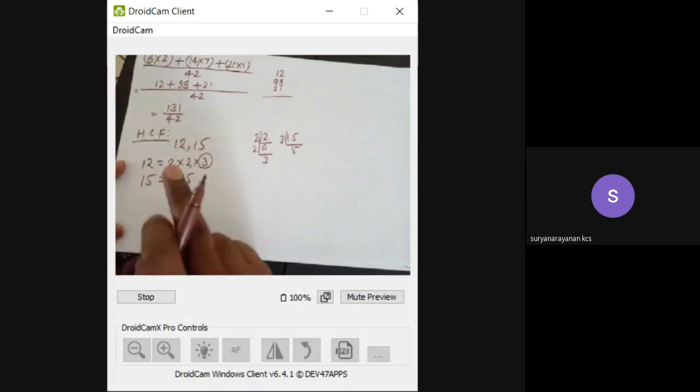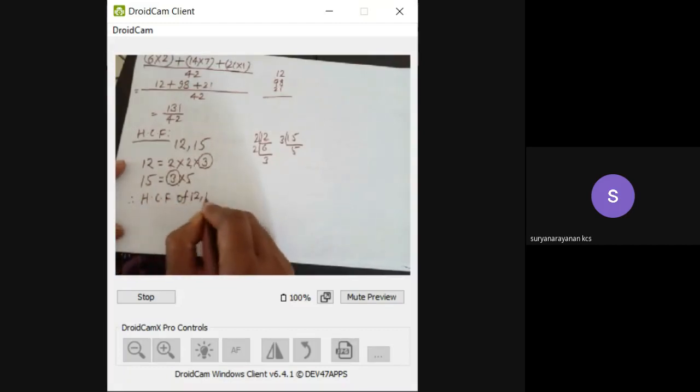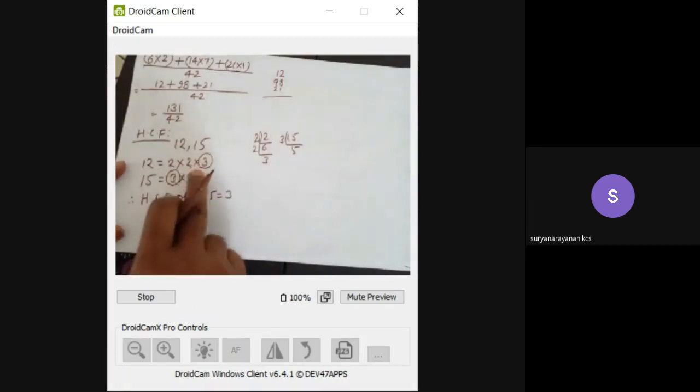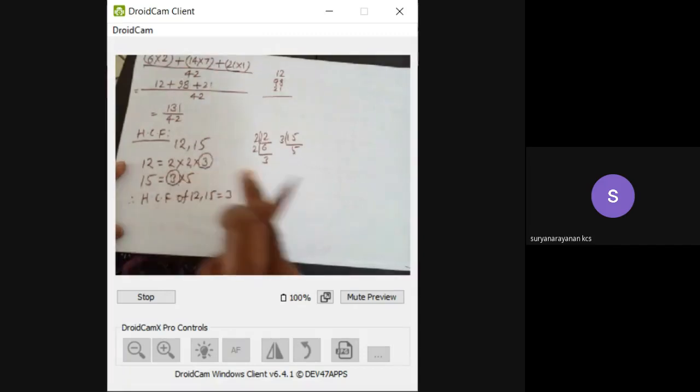So only one number is common. Therefore, the HCF of 12, 15 is 3 only. Sometimes we get two numbers in common. In that case, we have to multiply the two numbers.